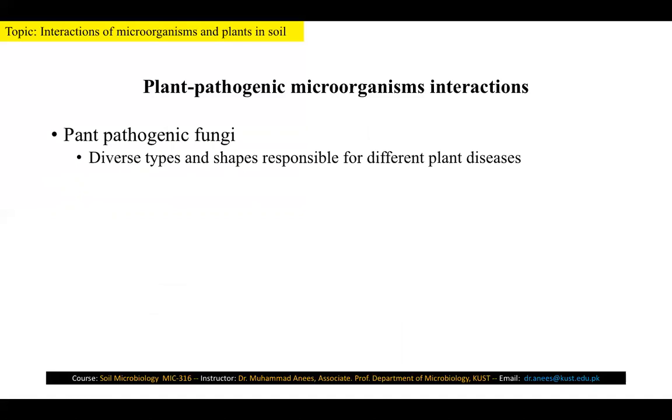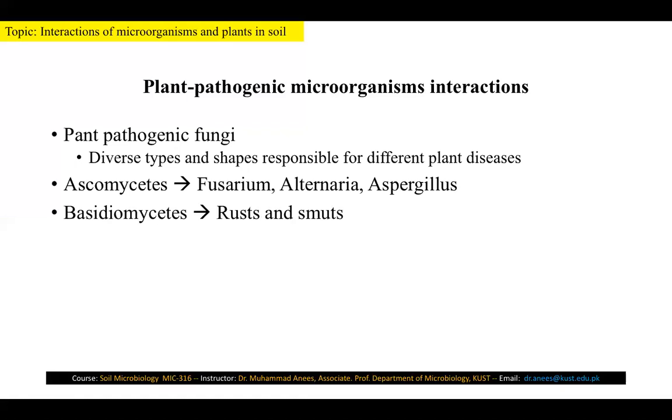Now, the pathogenic fungi. There are different types of fungi, a very diverse group which are able to cause diseases in plants, including ascomycetes. Ascomycetes are the fungi which include Fusarium, Alternaria, and Aspergillus. These are very important pathogens. And then Basidiomycetes, a very diverse group of fungi.